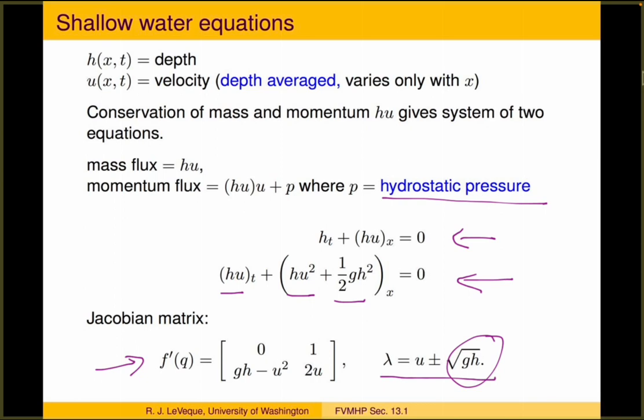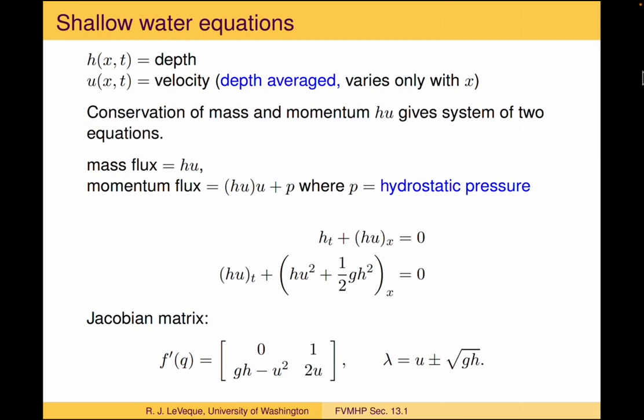And you can linearize these equations just like we linearize gas dynamics to get an analog of the acoustics equations that would model small perturbations in the surface propagating with speed given by the square root of gh for that background water depth. But here we're going to look now finally at the full nonlinear system of equations.